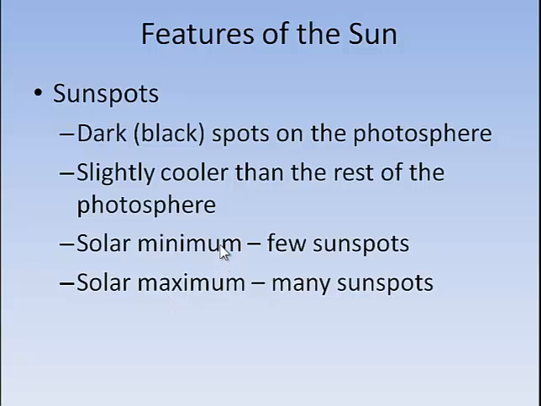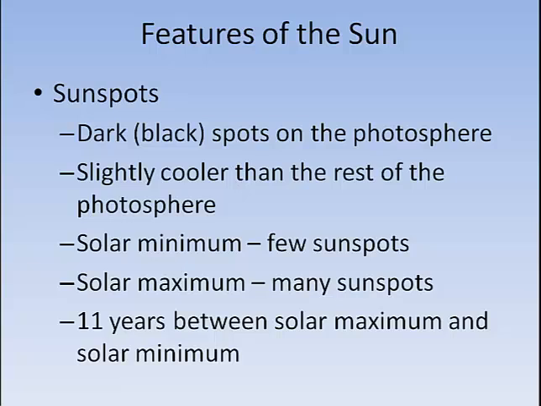It's about 11 years between the solar minimum and the solar maximum. The sun goes in a cycle. So about every 11 years, we have a solar maximum. There's lots of sunspots, and then they go away. And we have a solar minimum, where there are very few sunspots, and it's related to the magnetic activity that's going on inside the sun.